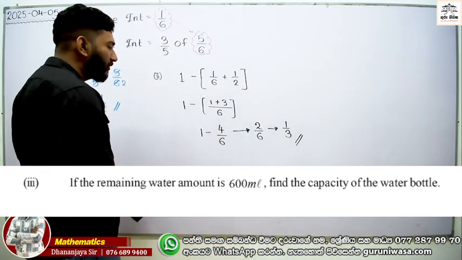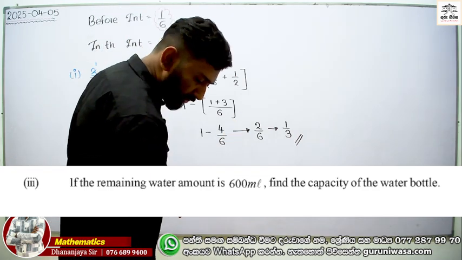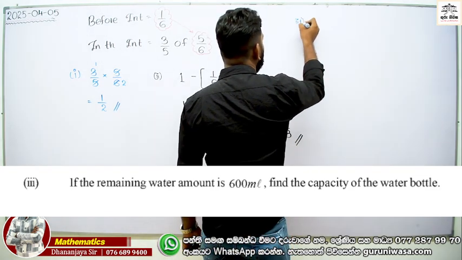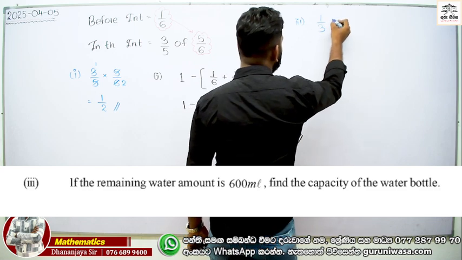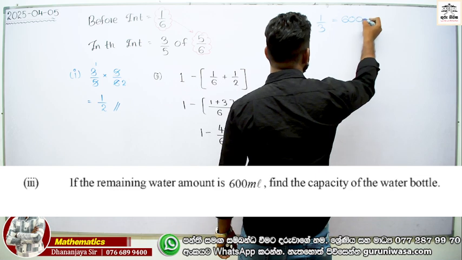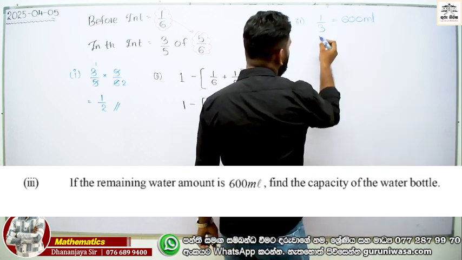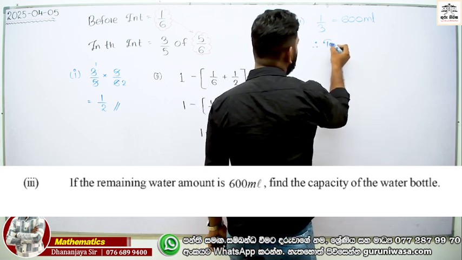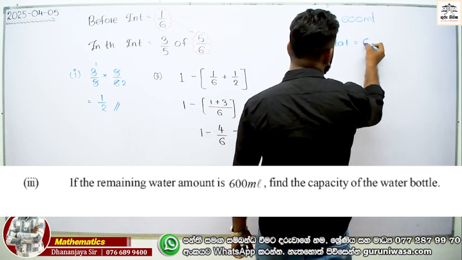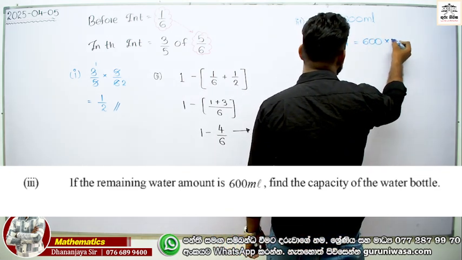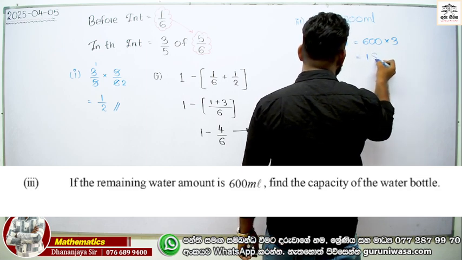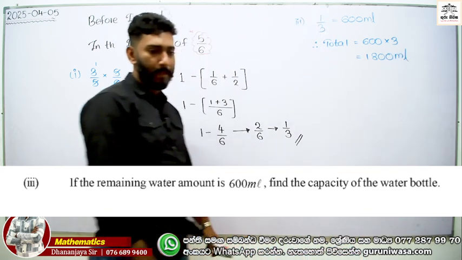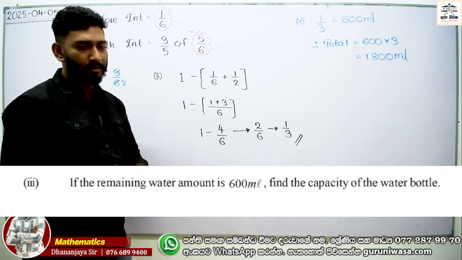If the remaining water amount, therefore remaining water becomes 1/3, no? Then you know, therefore 1/3 becomes 600 ml. Then 1/3 is 600 ml. Therefore, total becomes 600 ml multiplied by 3. It becomes 1,800 ml. Very good. Right?